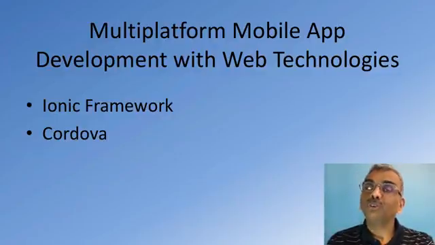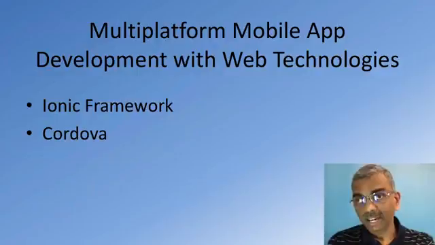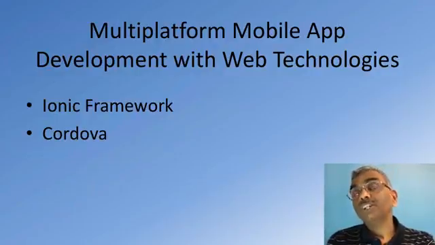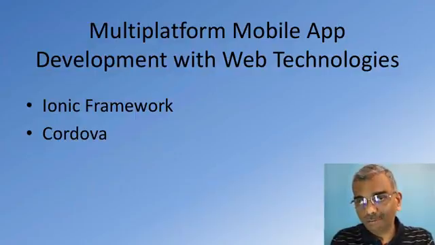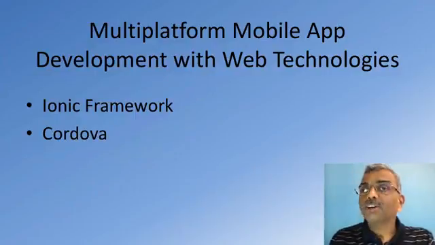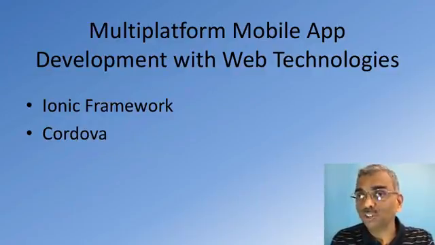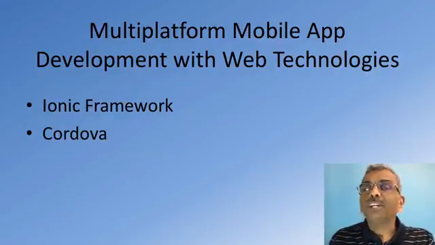Ionic provides its own CSS and styling techniques, which matched up with AngularJS provides hybrid mobile application development a nice platform. Ionic uses Cordova as the wrapper around it in order to interact with the native mobile platform. So we will explore a lot more of these in the next course.